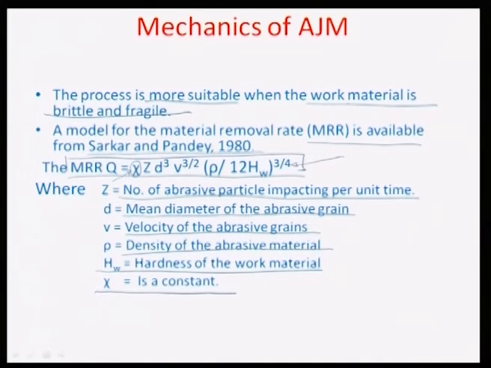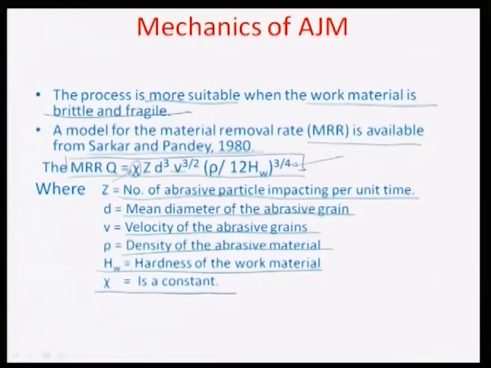Z is the number of abrasive particles impacting per unit time, thereby meaning that if you have more particles moving at a higher velocity, there would be a component of velocity contributed to the MRR. And in fact the number of abrasive particles in one unit of time, if it is closely packed, that means the abrasive is highly loaded onto the flowing gas, that also increases the material removal rate.